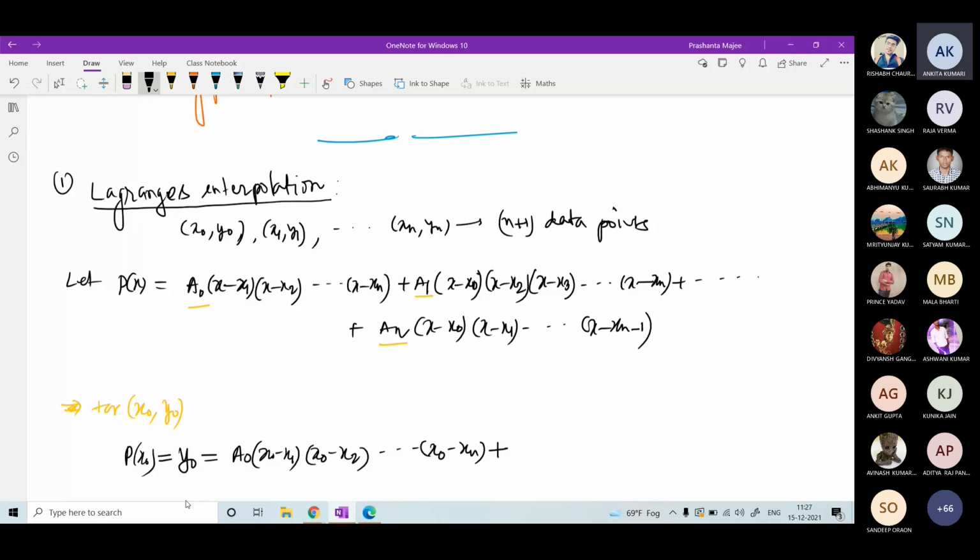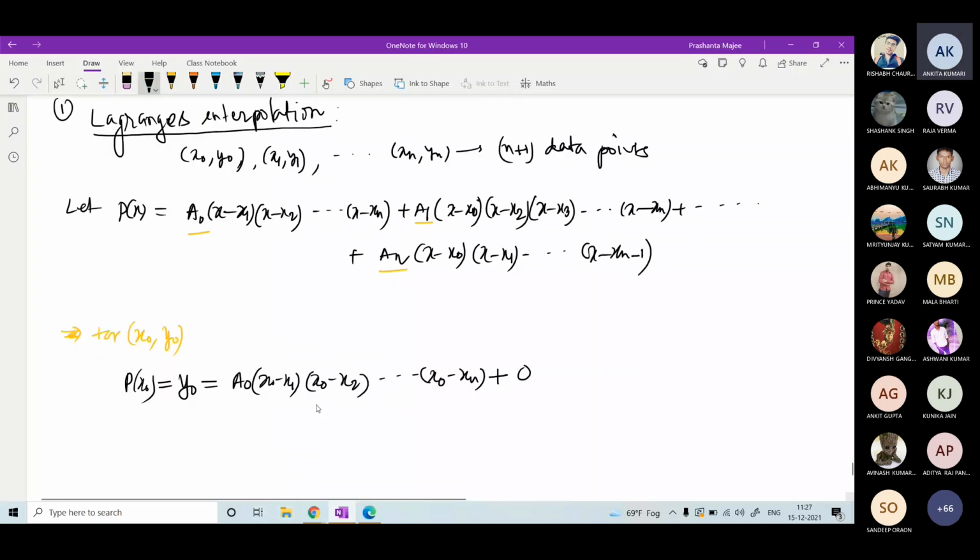They will become 0, sir, because they have x minus x0 as a factor. So if we put x0 in place of x, it becomes x0 minus x0. So all those terms will be 0. So you can easily identify what will be a0: y0 by (x0 minus x1)(x0 minus x2) up to (x0 minus xn).